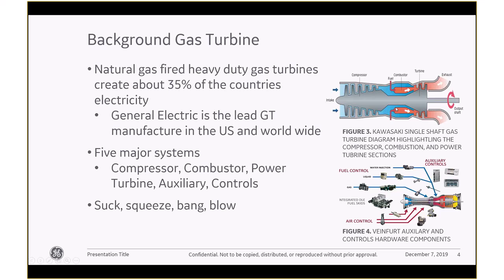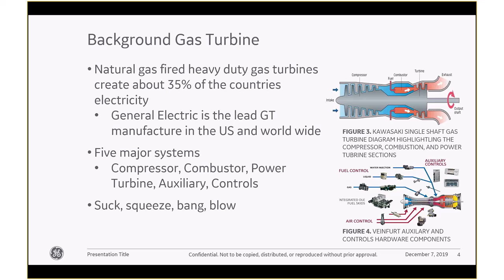The combustor is the next major system, and its job is to receive fuel, either liquid fuel or natural gas, and burn all of that highly compressed air to increase the energy contained in the air by increasing the temperature and the pressure even more, and then sending all of that hot air to the power turbine.